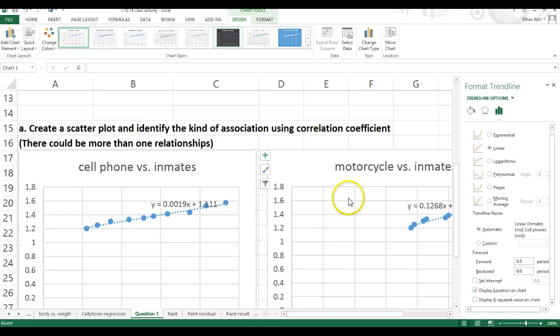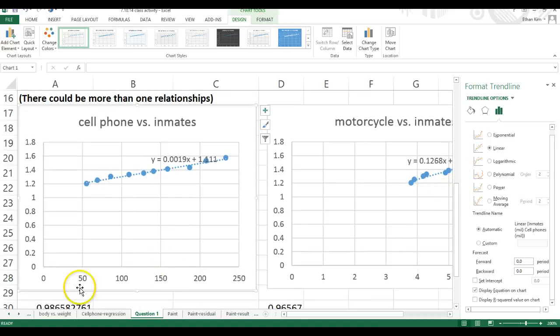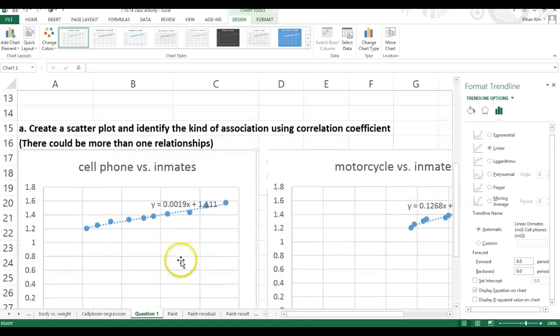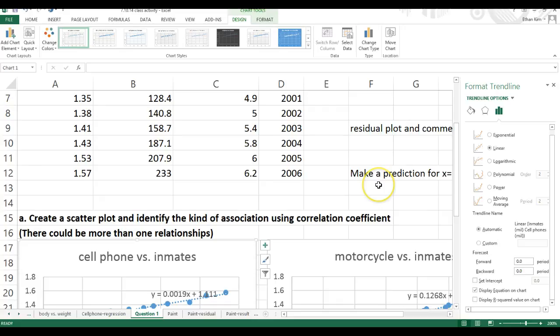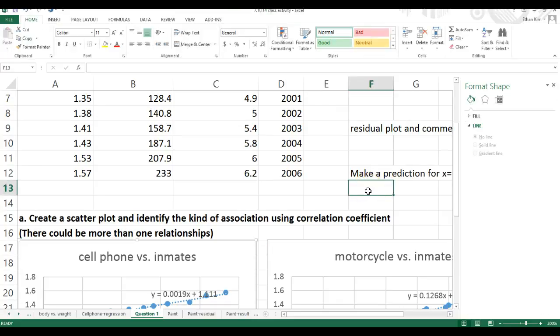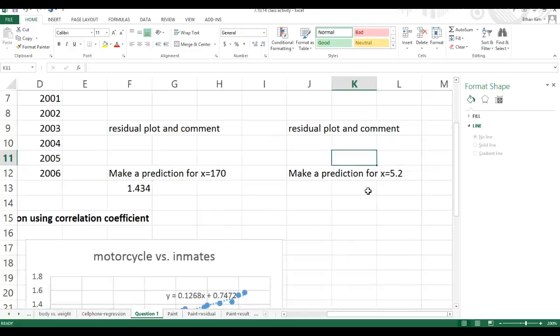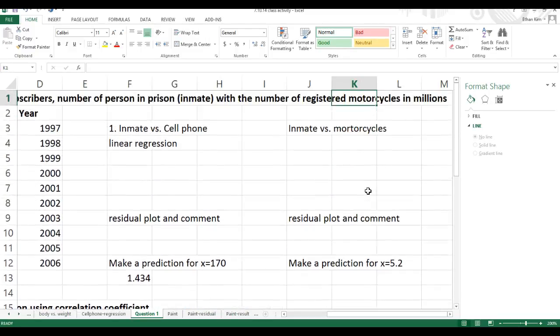Alright, so the equation is displayed, and now we can look for the prediction x equals 170, right? So from here you can say 0.00019 times 170 plus 1.111, and this is the prediction that we get for x equals 170. And you can do the same for the second part, inmate versus motorcycle. And I'm gonna post up the answer key so you can refer back to it.